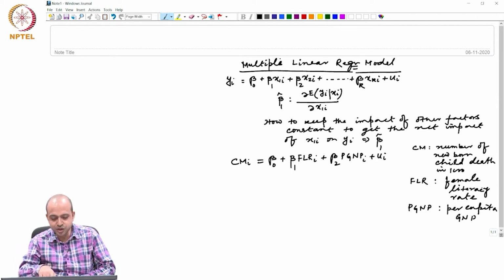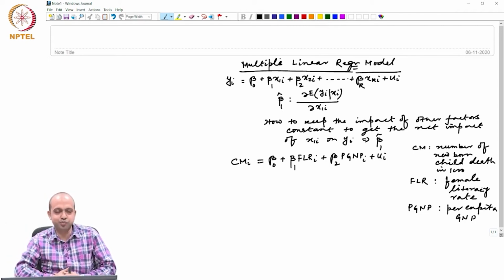So, that is the reason female literacy rate is included in the model. This is state level data, so we will be measuring how many women are literate out of 100 or 1000.